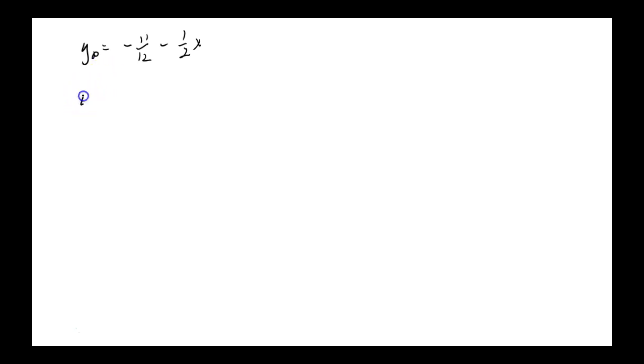Here's the equation: y triple prime minus 6y double prime plus 11y prime minus 6y is equal to 3x.